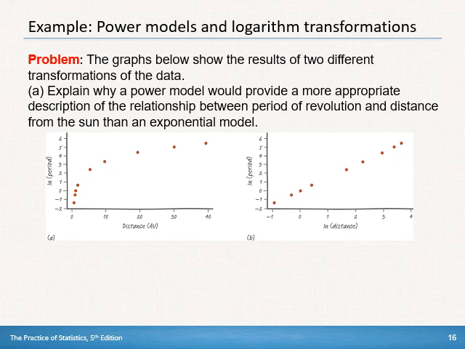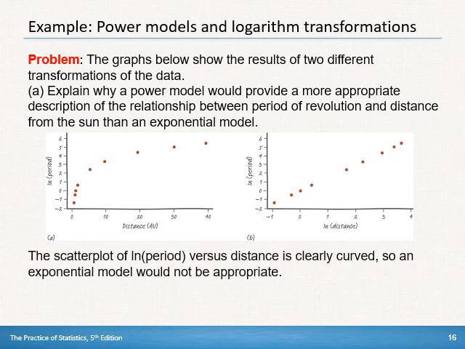So again, the one on the left clearly didn't straighten out the data, but the one on the right, when we took the log of the x, plotted against the log of the y, so that would be the log of the distance plotted against the log of the period, it did seem to straighten out. And the logs that we're taking here are natural logs. All right, so the scatter plot of log of the period against just normal distance is clearly still curved.